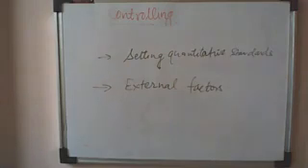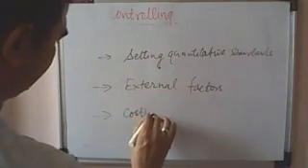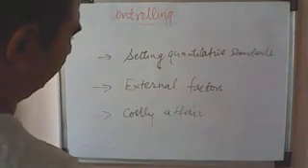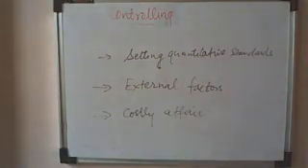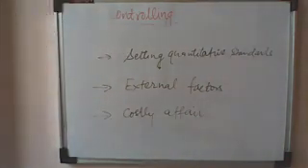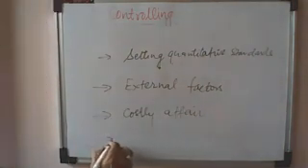Next is costly affairs. It is not an easy task. By fixing various types of tools and techniques to control the activities, we need a huge amount of budget, and cost is involved directly and indirectly in the controlling process.